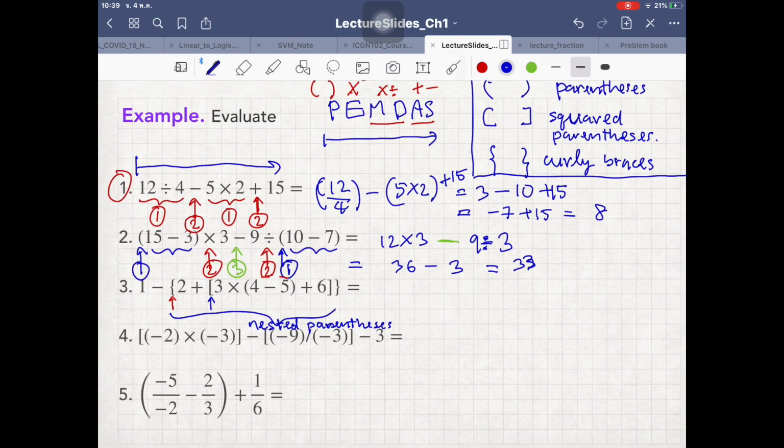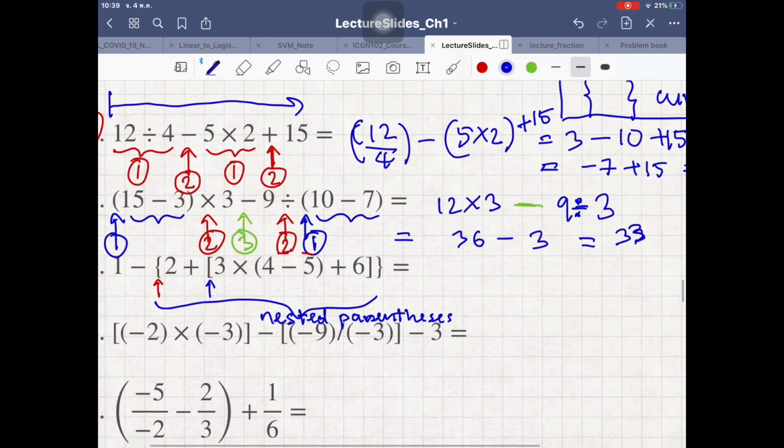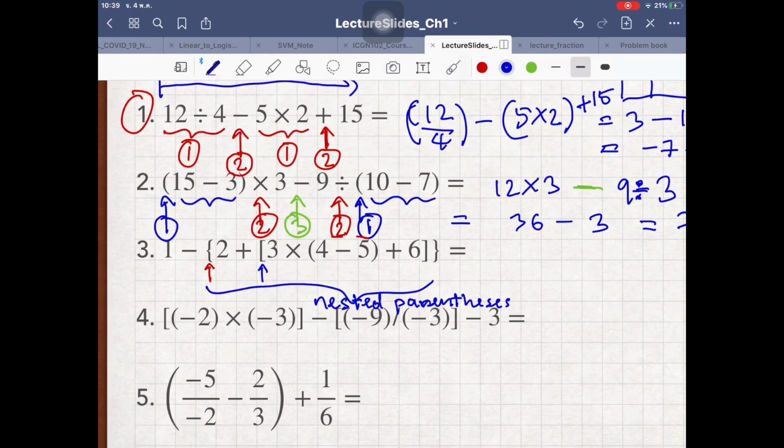So that term could be called square bracket parentheses. So here again, in the next step, you need to do the expression inside this square bracket.